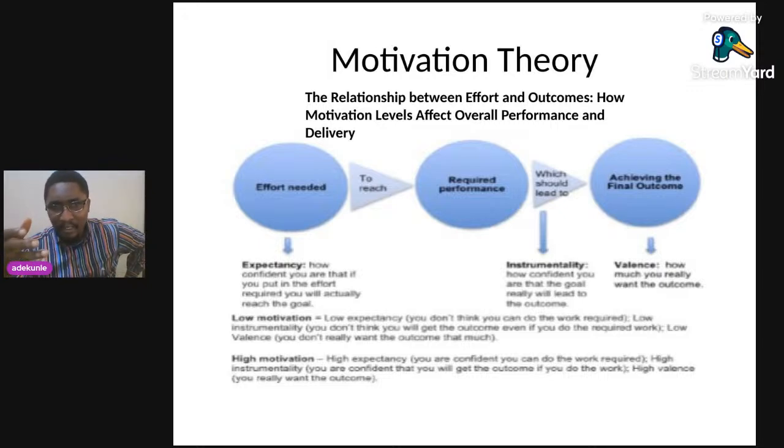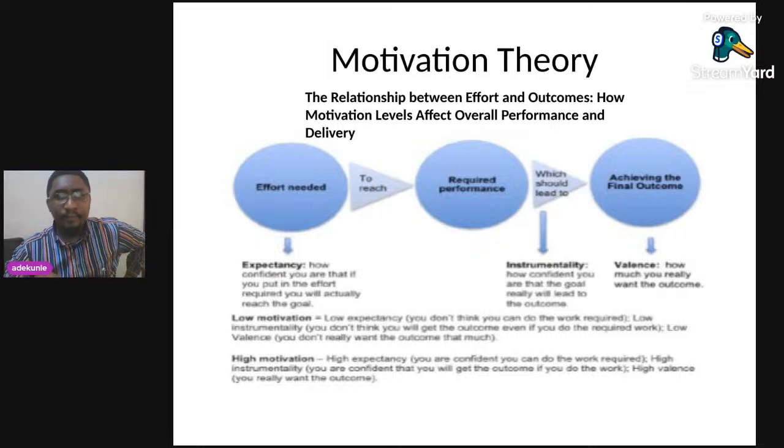If you put in more effort, you get the required performance, and you achieve an outcome. If it leads to good reward, you are motivated to work well. If it does not give you a reward and nothing happens, you have low expectancy, so your motivation is low on the job, and it will affect the outcome of your work.